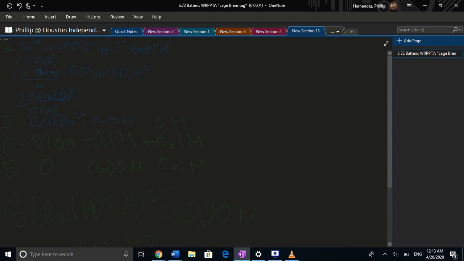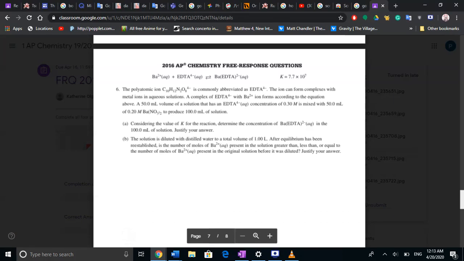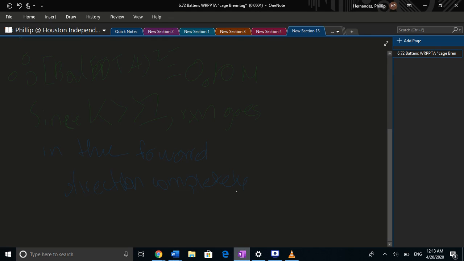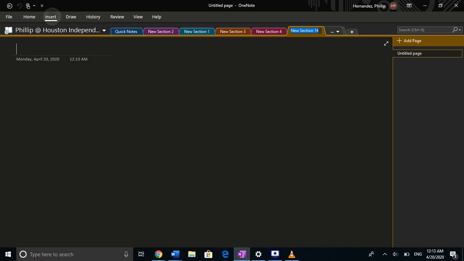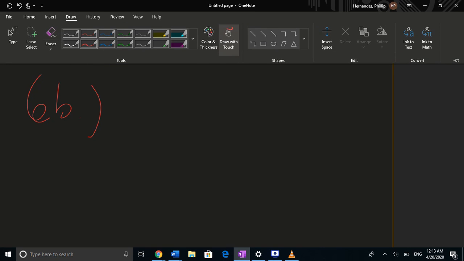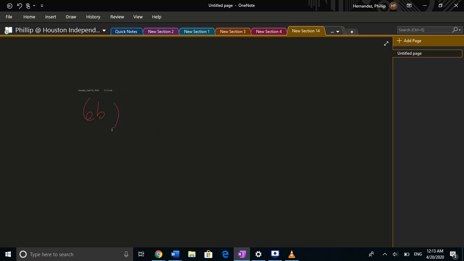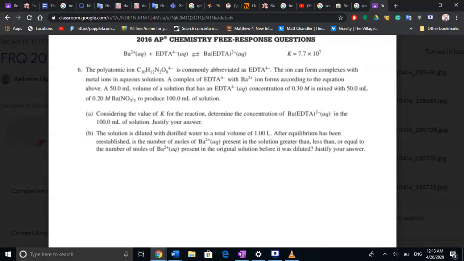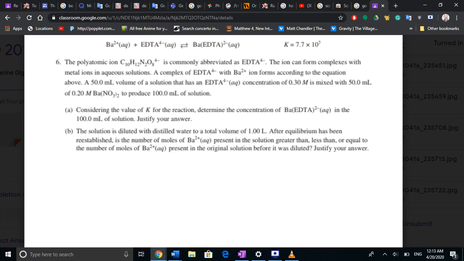Yeah, so this part A is quite a handful, but this is how equilibrium is. So for number 6, part B, we were asked a question which is basically a Le Chatelier's principle kind of question.